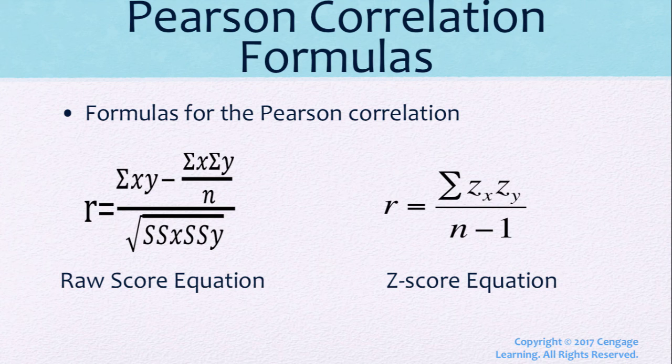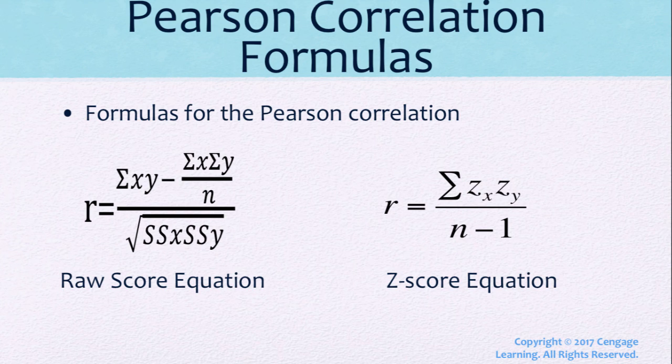If you're looking at raw scores, the top of this ratio, the numerator, kind of looks like your sums of squares, right? However, what it is actually called is the sum of products. You're looking at the products of the two variables and how they vary together.